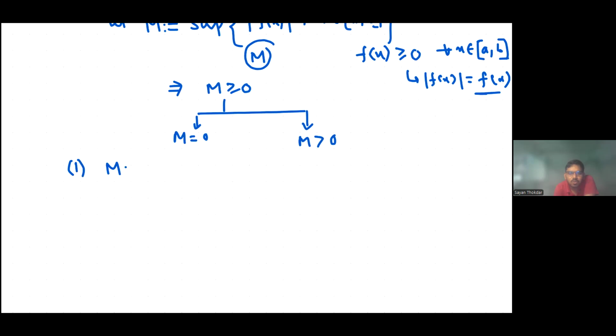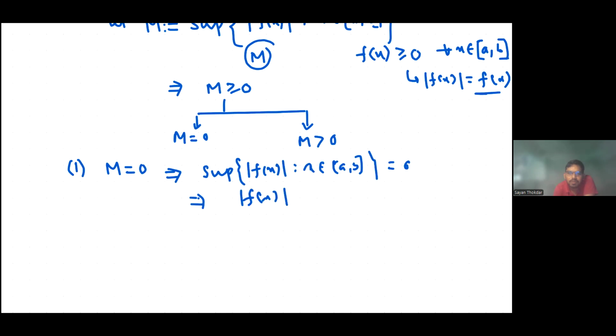M is 0 means the supremum of the modulus of f of x, x belonging to [a, b], is 0. That means the modulus of f of x is less than or equal to 0 for every x belonging to the closed interval [a, b], right?